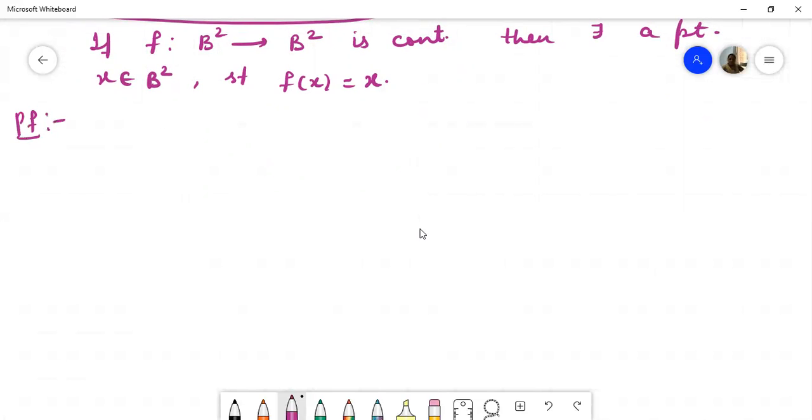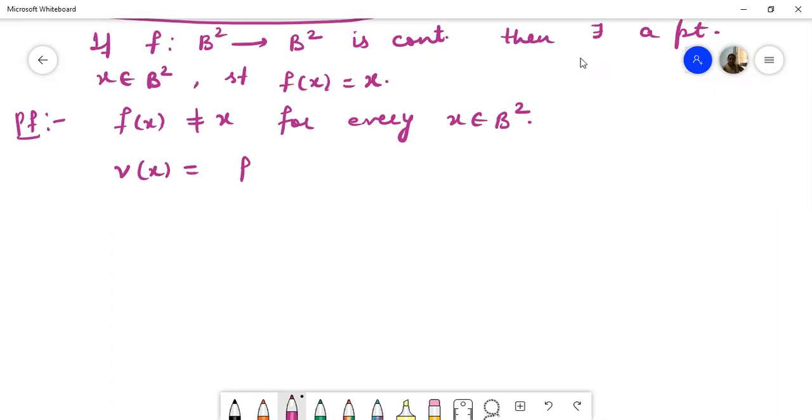So let us say there exists no fixed point. We will prove it by contradiction. First of all, we assume that f(x) is not equal to x for every x in B². Then we define a vector field v by v(x) = f(x) − x on B².